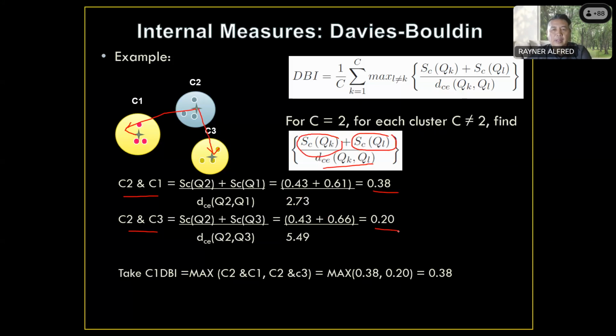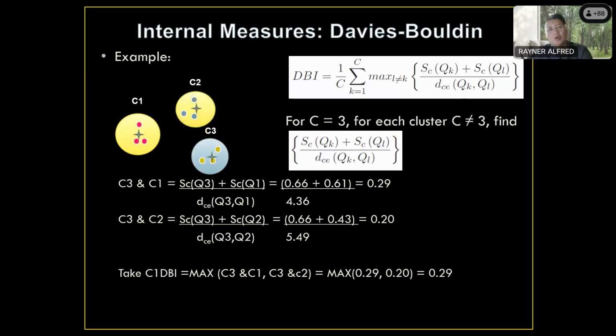Since we are looking at the worst scenario, we take this value, because that illustrates how bad the situation can be. And the last one will be this.